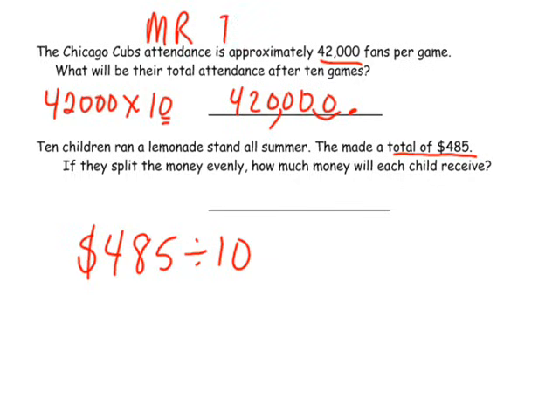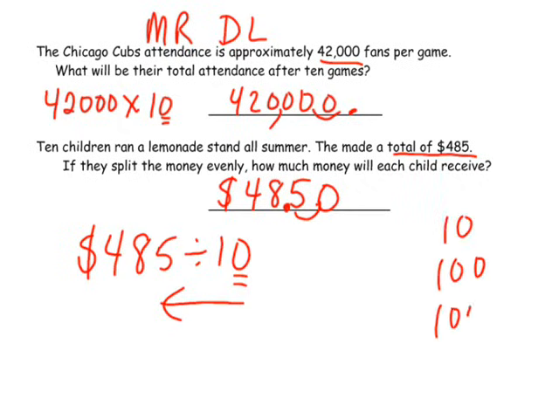And when you divide by a power of 10, we move the decimal to the left depending on how many zeros there are. So you would take that $485, move the decimal 1 to the left. That means that each child could expect to receive $48.50.